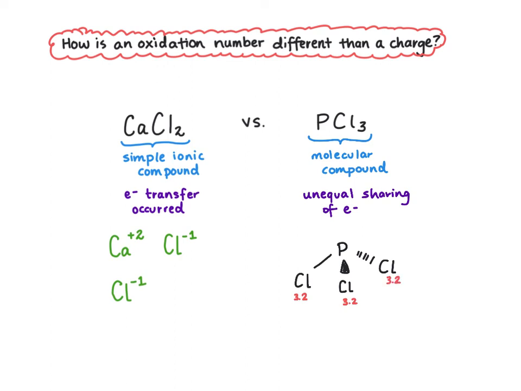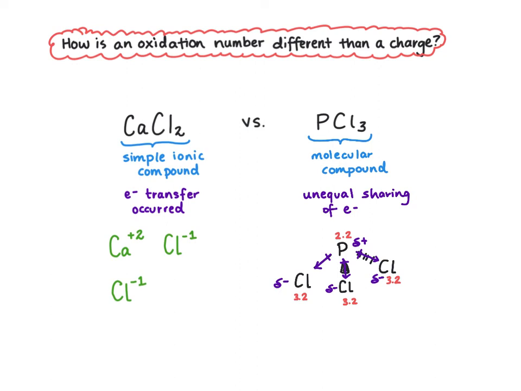Phosphorus has an electronegativity of 2.2. So if we were to draw our molecular dipoles, we would see all of our bond dipoles pointing towards our chlorine atoms. That means that our chlorine atoms will all have a partial negative charge, and our phosphorus atom will have a partial positive charge.